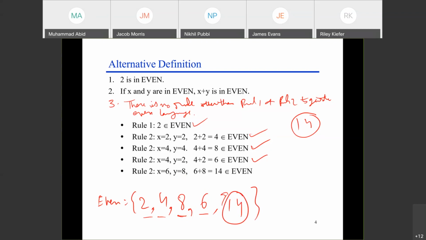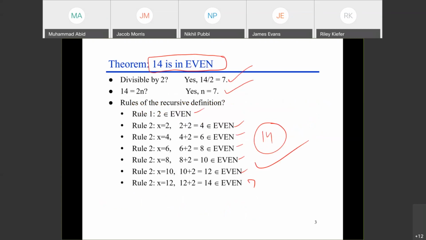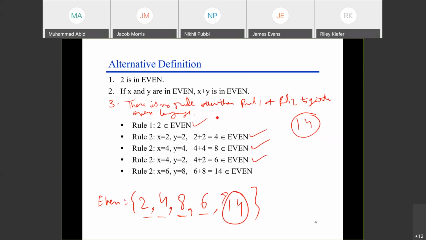So this definition also has the ability to define any possible word which belongs to this language by using these rules, but it is a more efficient way. Last time, to generate 14 we performed 7 iterations, and this time we did it in 1, 2, 3, 4, and on the fifth iteration we find the final answer. So this is a more intelligent way of defining the even language.